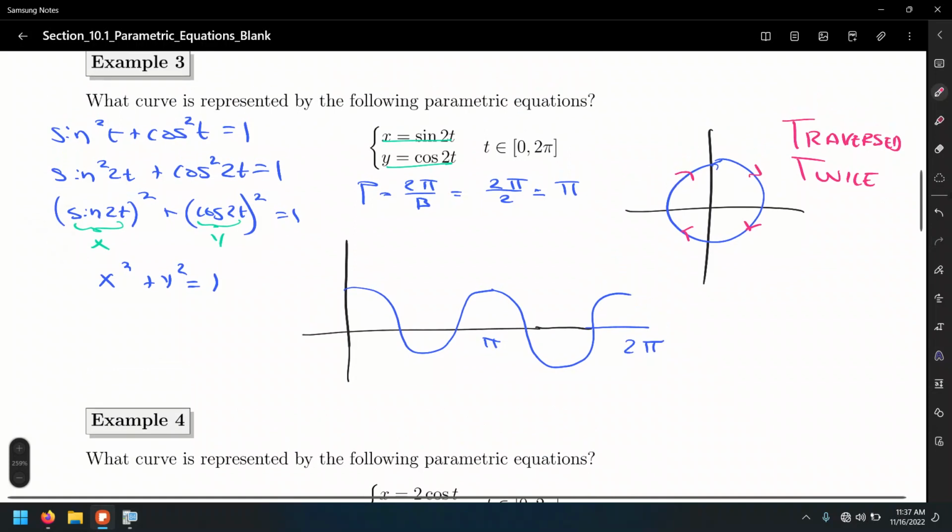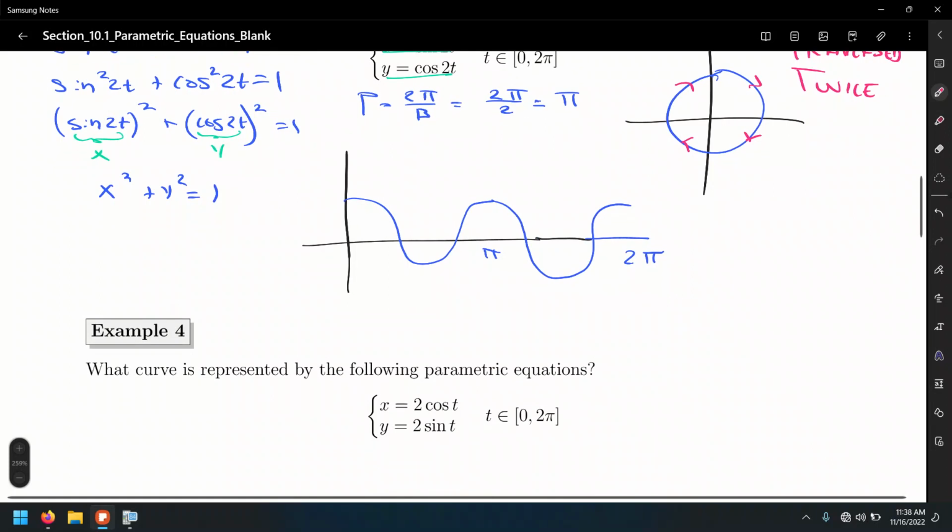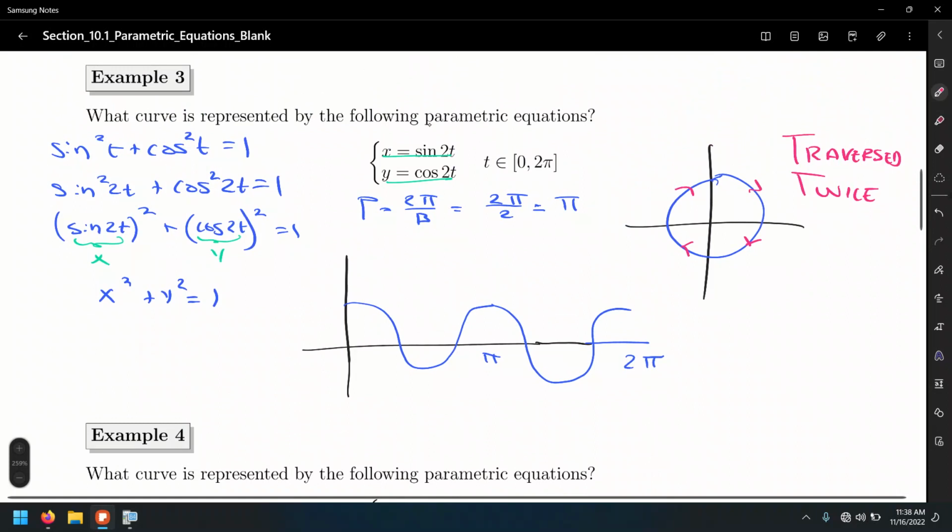Now, a question for reflection. What if we want to design a path to have a particle go around the circle 5 times, clockwise in this case, be specific? What do we have to modify on this set of parametric equations to make the particle go 5 times around the circle?